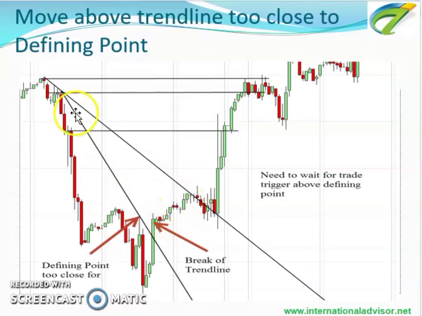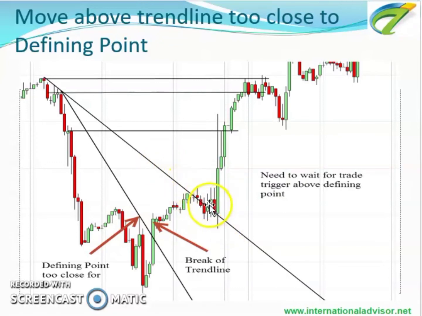The second reference we have is this line as well, which was initially drawn, and we see how closely it made a regression here and then retraced, and then finally upon the breakage of this point, which is beyond this point as well, it made a clear move. So in such situations when there is very little difference available, we have to avoid them, and instead of entering the trade here, it makes more sense to enter based on this line.